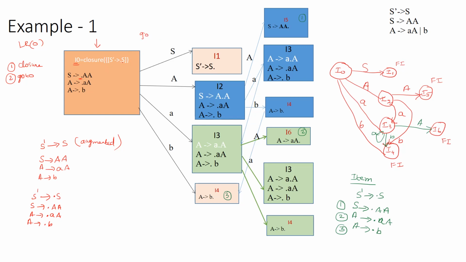So check what are all the symbols that come after the dot. So here we have S and capital A, small a as well as small b. So we have to find which leads to which new state.